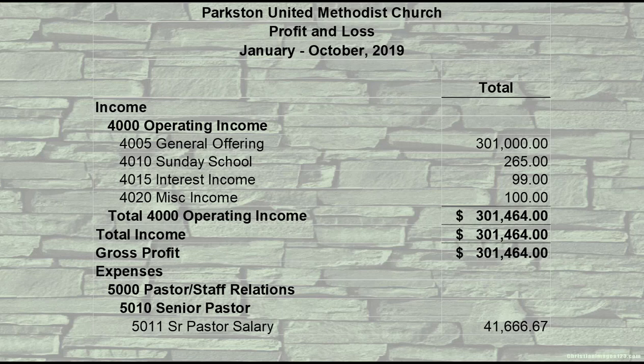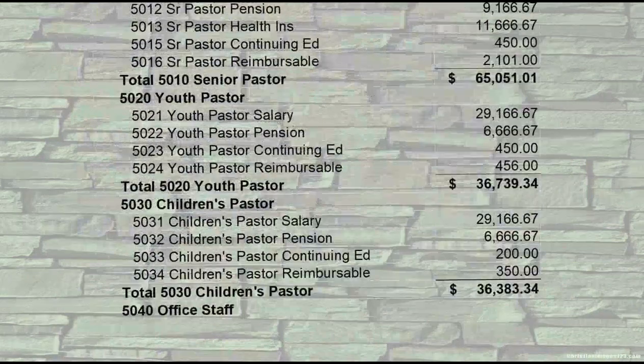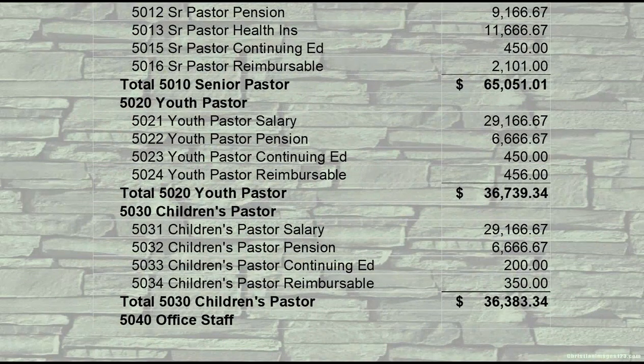You can see under that, senior pastor is the next level. And then there's another level under there that shows the pastor's salary and all the pension and the health and the continuing ed, and then the subtotal for the senior pastor. And then the same for the youth pastor, and then the same for the children's pastor and the office staff. And then you can see the same thing for the trustees and everything else. So a lot of detail.